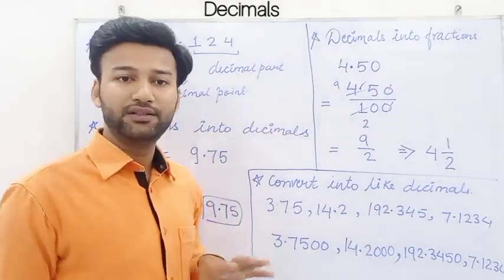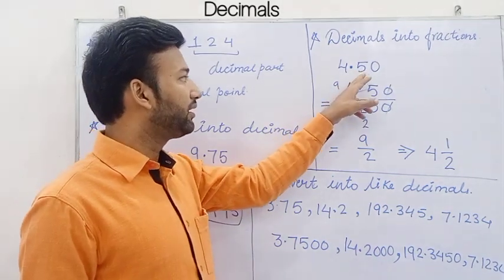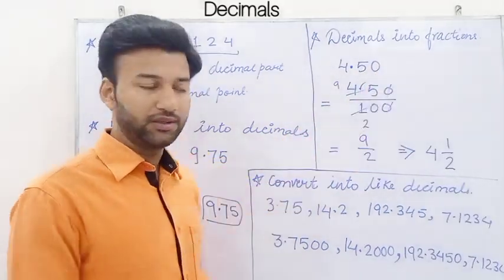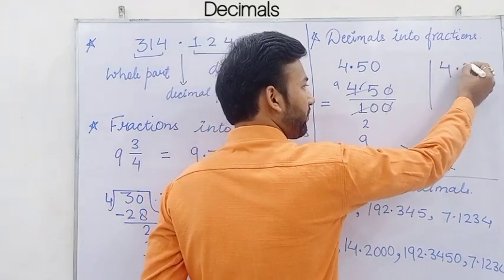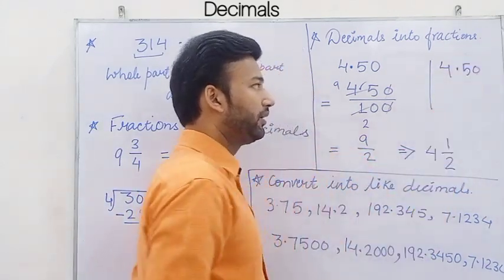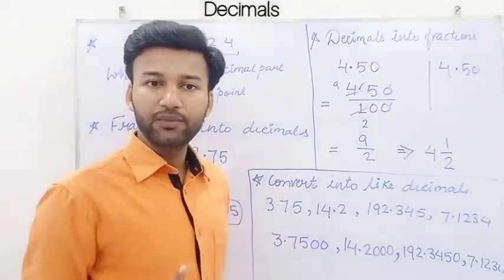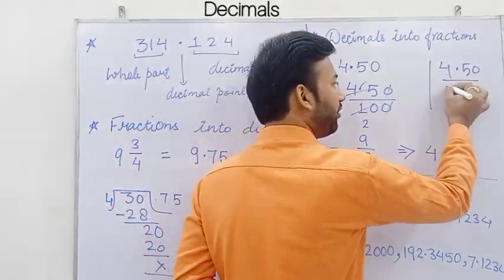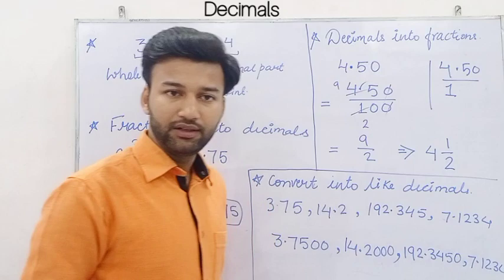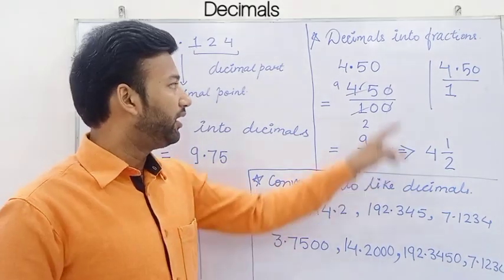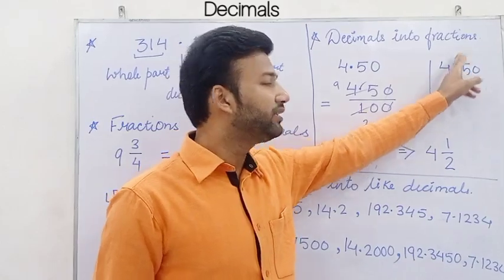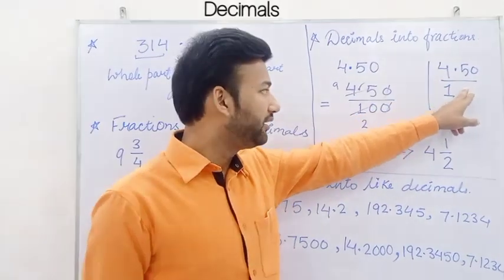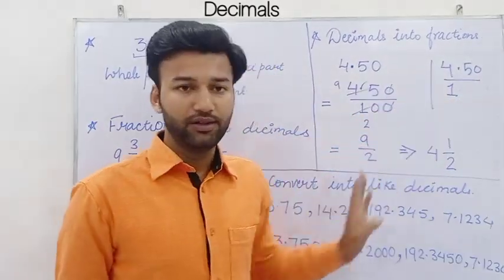You can check, 2 digits after the decimal. And remember one more thing, if there is nothing in the denominator, then 1 is always the denominator.